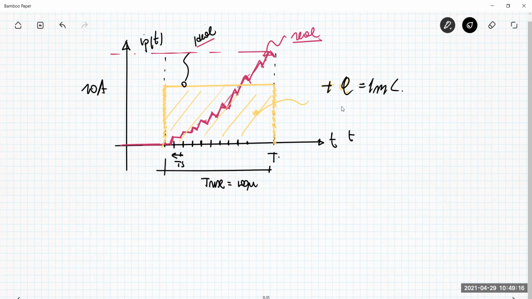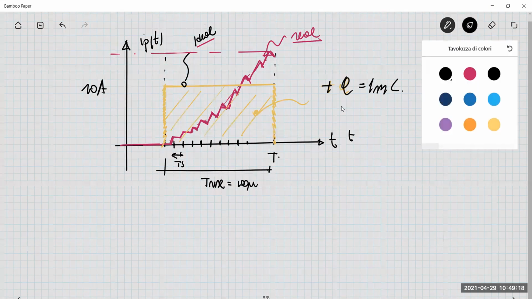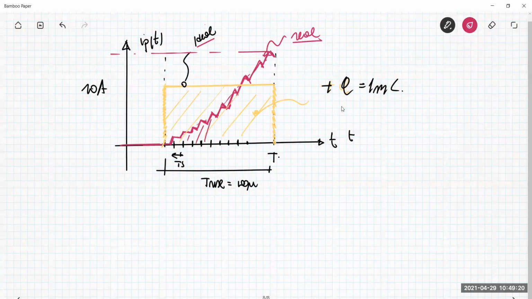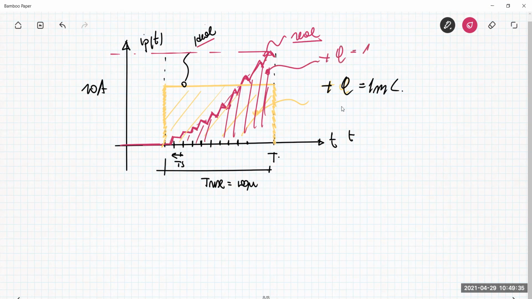In the same way, I can say that the area under the real curve is also a charge. And in order to raise the voltage across the capacitor of 5 microfarad from 0 to 200 volt, I need the same charge. So the charge under this area is the same. But in order to have the same area between the yellow box and the red curve, this peak value is much higher than 10 amp.